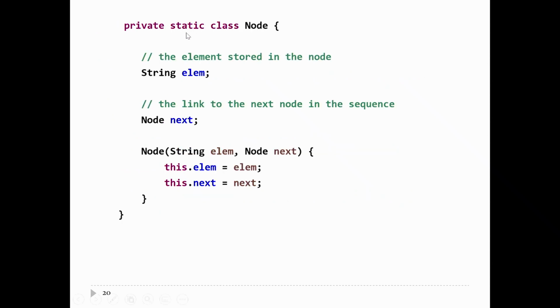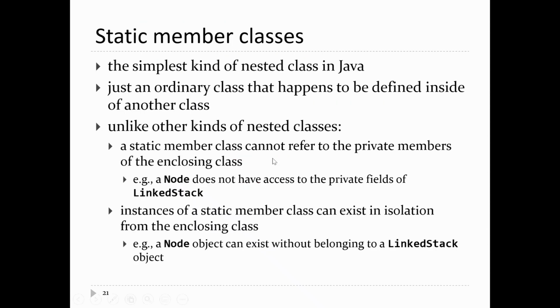But in a static nested class, that's not the case. So nodes know nothing about linked stacks. They're completely independent. And that means you can also have a node object without having a linked stack object. They can exist on their own without needing an instance of the enclosing class.